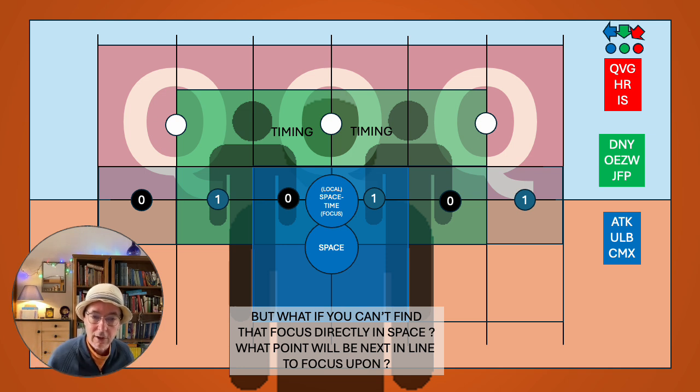If you don't see it at this point, this one point of focus will become zero, so you will not have that focus, and you will have to look higher up in the system, where of course you will be next in line in focus when you don't have the moment in space where you receive it.